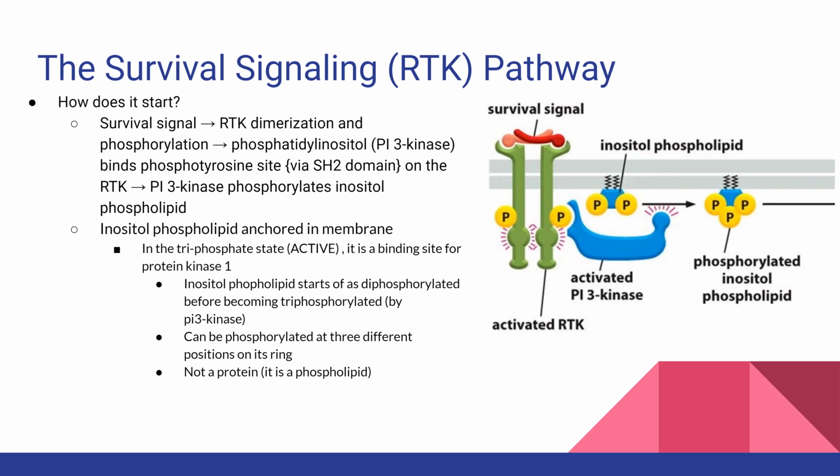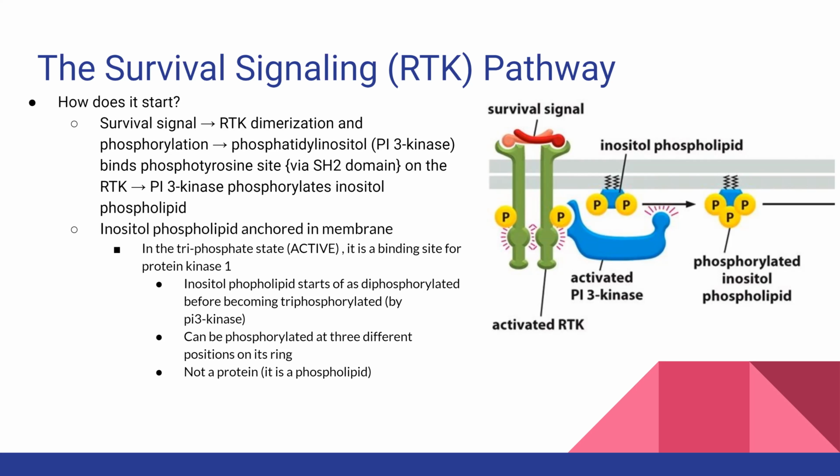And then you have the phosphatidylinositol, which I'm just going to call PI3 kinase. So you have the PI3 kinase, which will bind to the RTK on the phosphorylated tyrosine of the active RTK, and that is due to an SH2 domain.